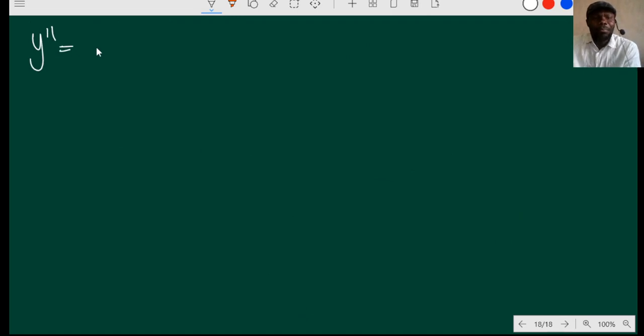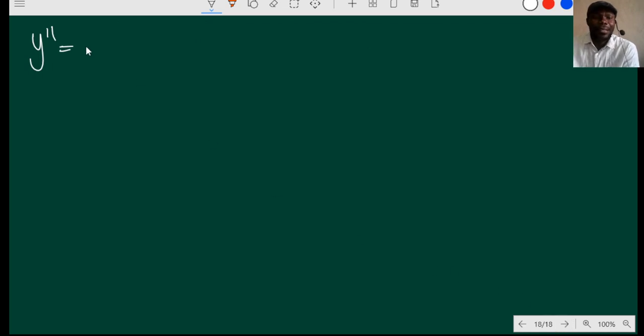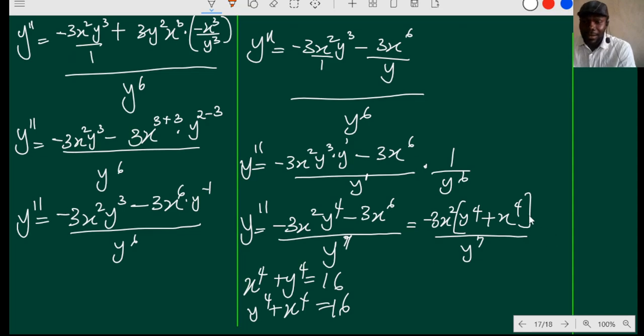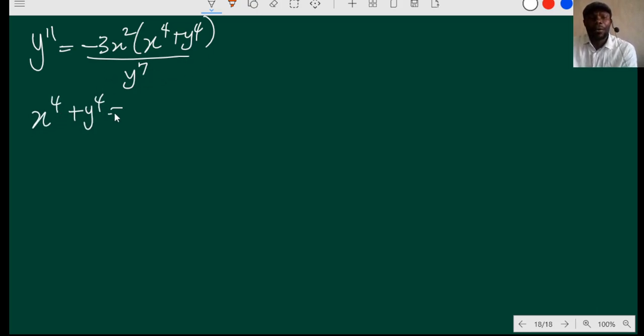Therefore, since our y second prime is equal to minus 3x squared, you can rewrite this to be x raised to power 4 plus y raised to power 4 over y raised to power 7. As we all know that x raised to power 4 plus y raised to power 4 is equal to 16.